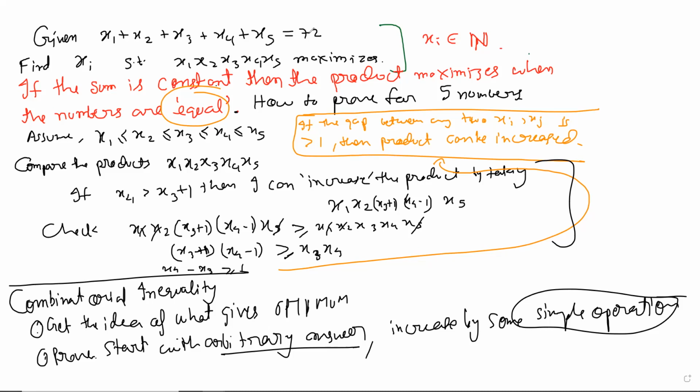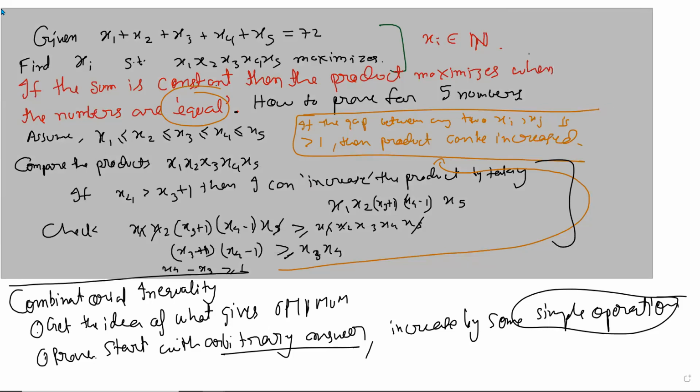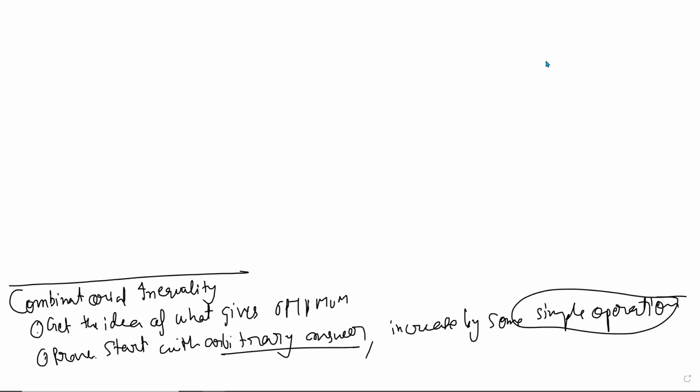So no questions. Now you can turn this question around and ask: fix a product and try to minimize the sum. Now x1, x2, x3, x4, x5, such that the product is, say, 100, and the sum is minimum.